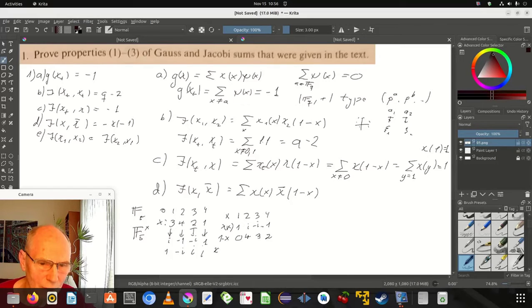So chi of 1 minus x conjugated: naught gives naught, 4 maps to 1, 3 maps to -i, that gives i, 2 maps to i, that gives -i, and then the products: naught, i, -1, i. So now the sum gives -1 plus 2i.